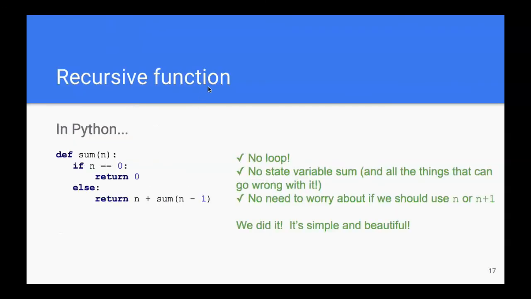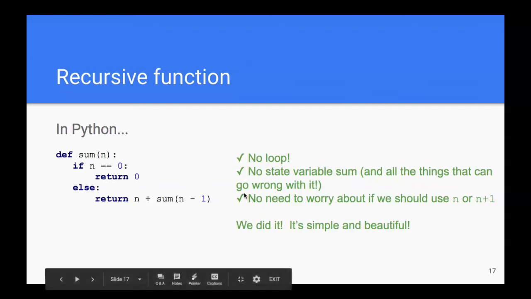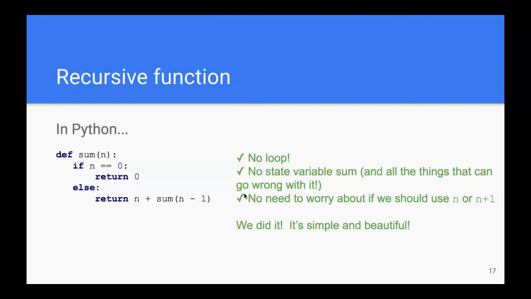Okay, so I hope that kind of makes sense. So in summary, let's look at this function that we've done. We said that the loop was unintuitive. Well, this one, unlike the iterative function, didn't have any loop, right? We also said that when we have an accumulator, the accumulator keeps state around, so we could set it to the wrong value and do things we didn't intend to do with it.